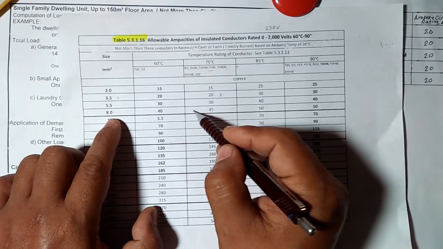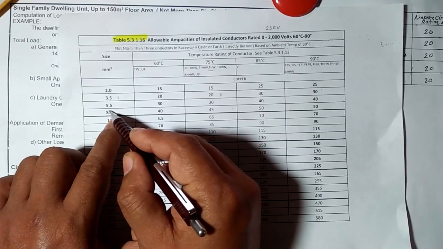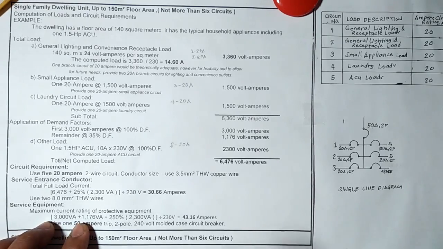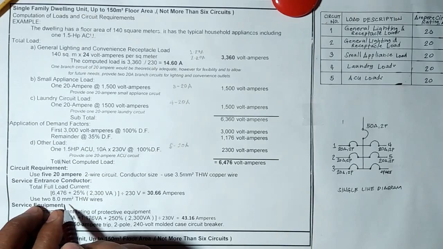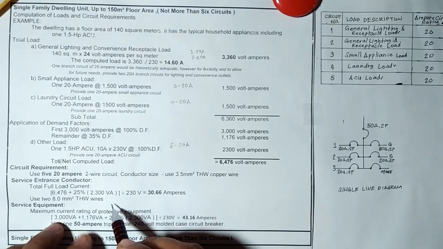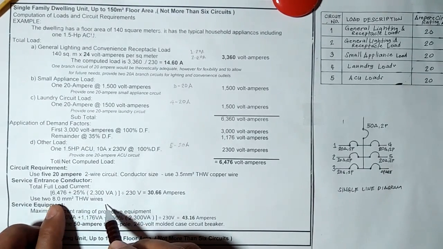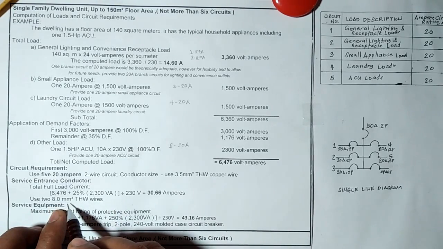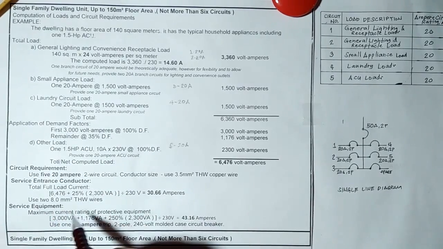Dito na po tayo kukuha sa row na to, above 30.66, 8.0 mm squared. So we have to use 8 mm squared THW wires or TW wires as service entrance conductor. So I hope it's clear paano pagkuha po nito, 8.0 mm squared THW wires as our service entrance conductor.